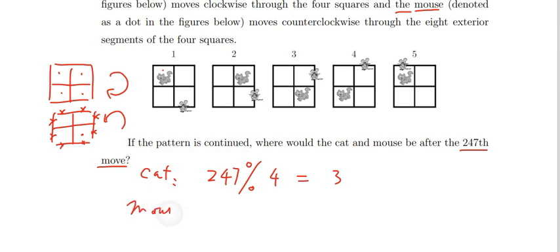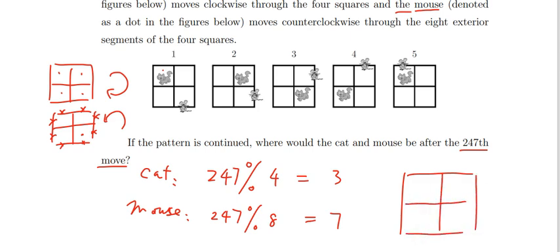For the mouse, we just say 247 mod 8. So this equals 7. Okay, so we can say the position is like that. So for the cat, 1, 2, 3.